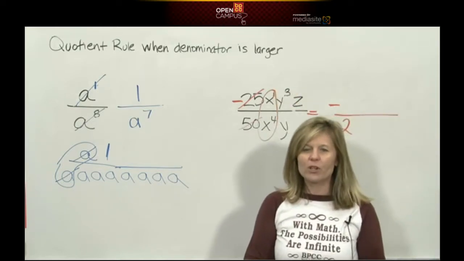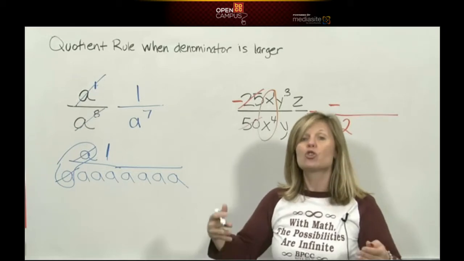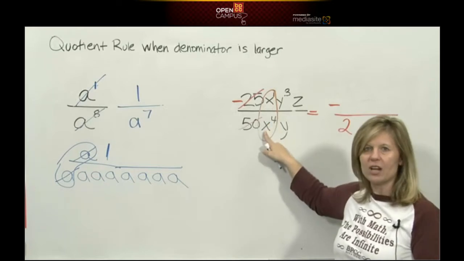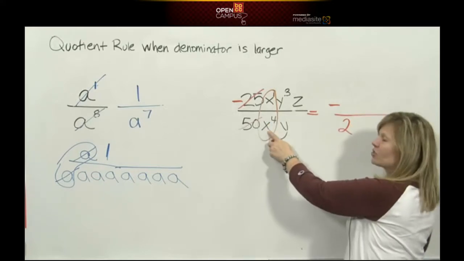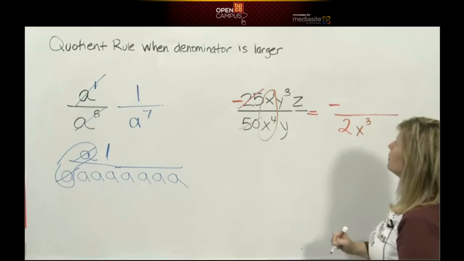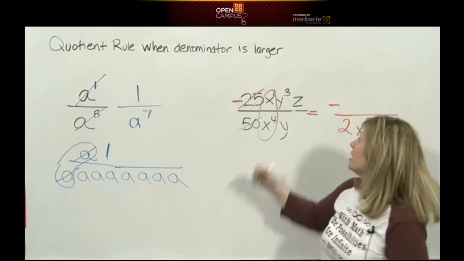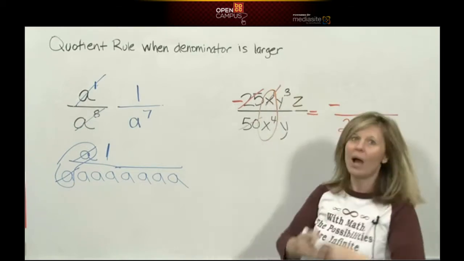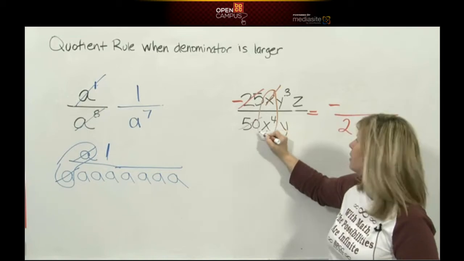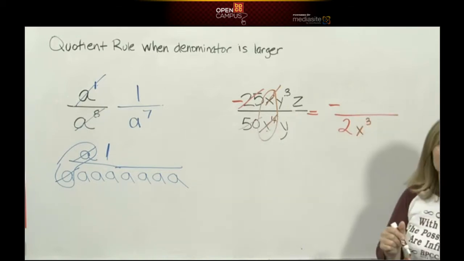If I take 1 and 4 and subtract it, I get 3. So where would I place my x cubed? Would I place it in the numerator or the denominator? Well, x to the 4th is the bigger, so that's where my x cubed would go, in the denominator. It should make sense. If I have an x up here and I take it away, it's gone. If I have 4 x's in the bottom, the denominator, and I take 1 away, I'm left with 3.